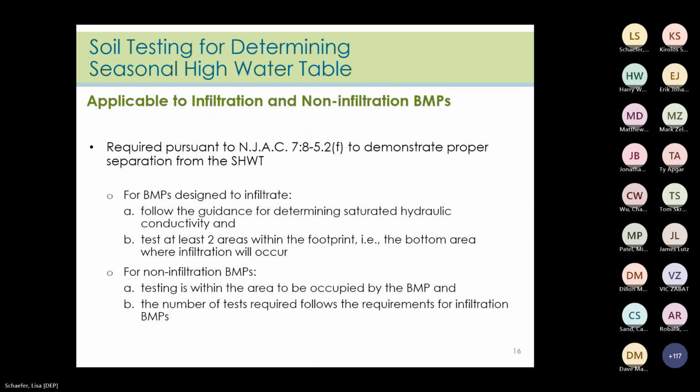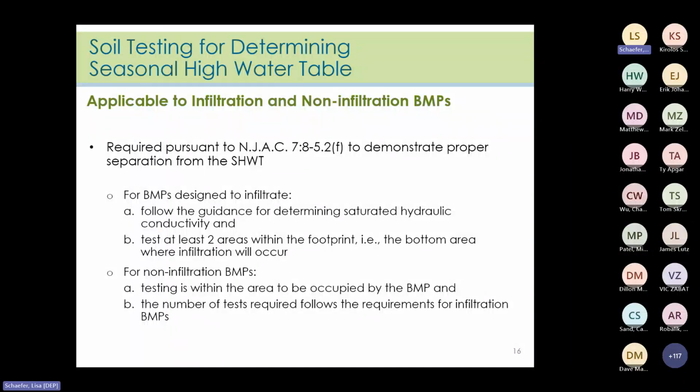For BMPs designed to infiltrate, we're going to follow the guidance for determining saturated hydraulic conductivity and test at least 2 areas within the footprint, meaning the bottom area of the BMP where infiltration will occur. For your non-infiltration BMPs, you're going to test within the area to be occupied by the BMP, and the number of tests required still follows the requirements for an infiltration BMP.